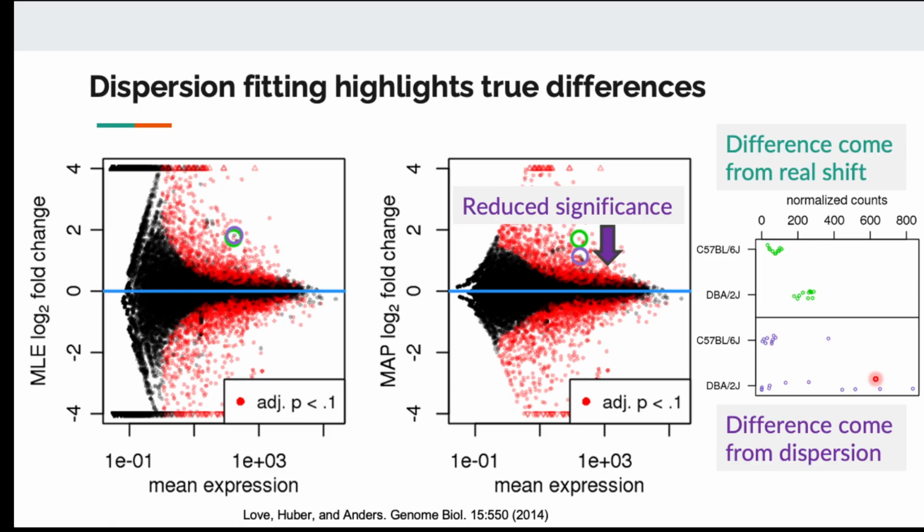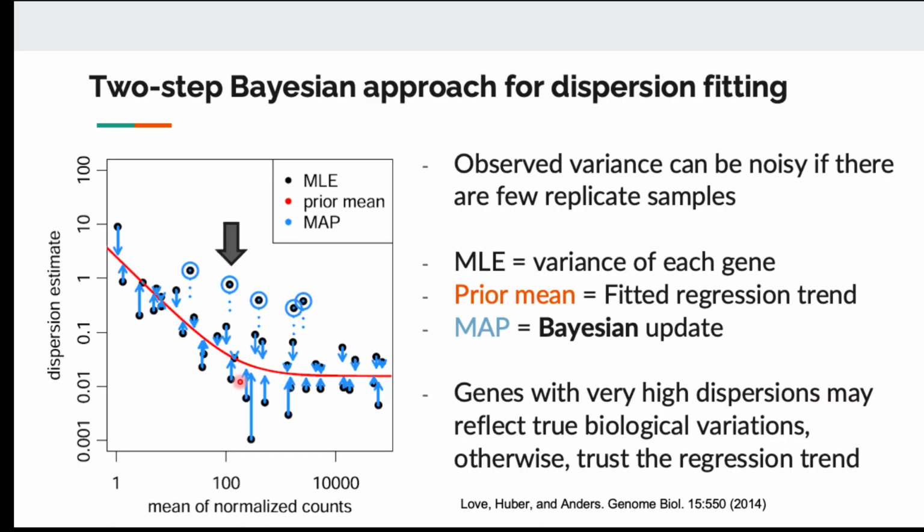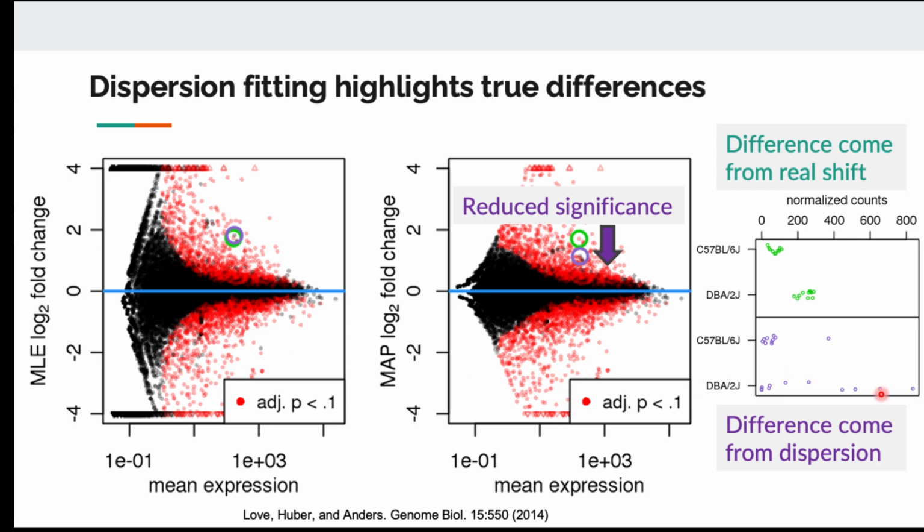So if you estimate the fold change directly without considering this change in variance, these two genes give the same fold change. But once DESeq uses this kind of technique to look at the variance of other genes to make the adjustment, it realizes that, wait, for this second gene the variance is really high.